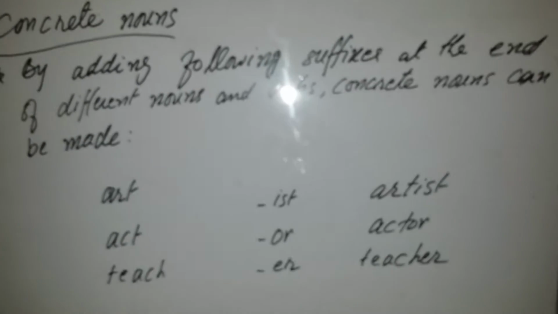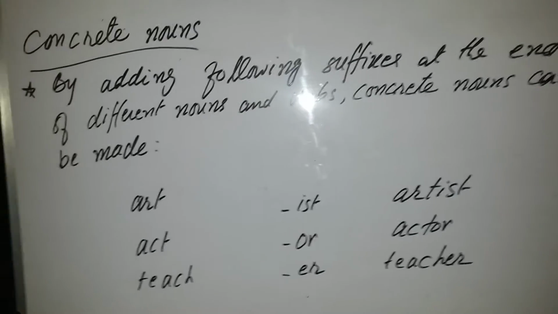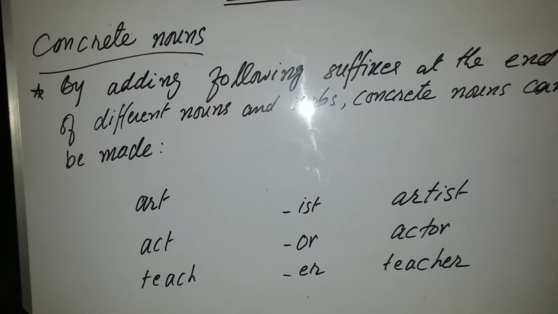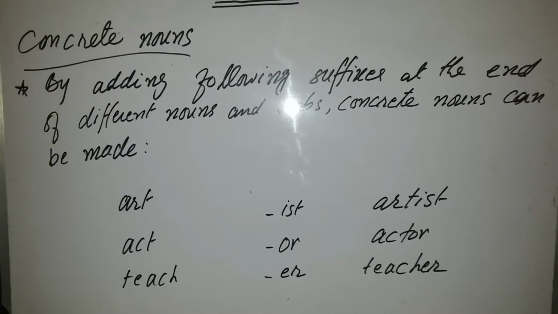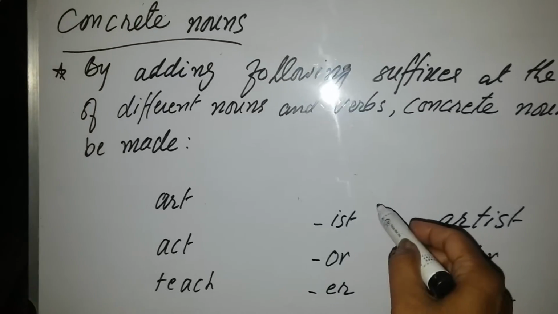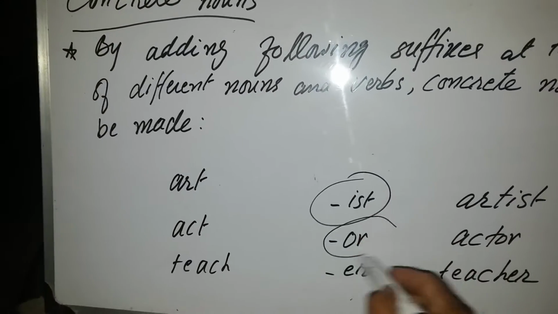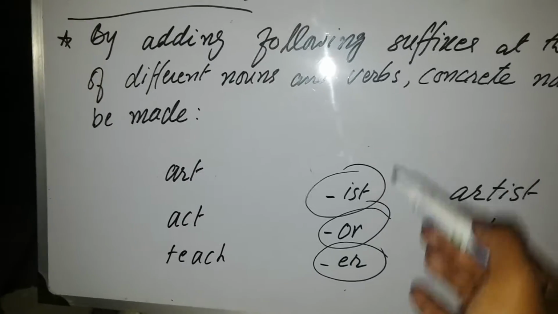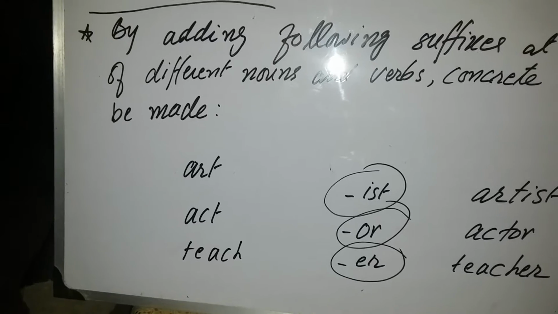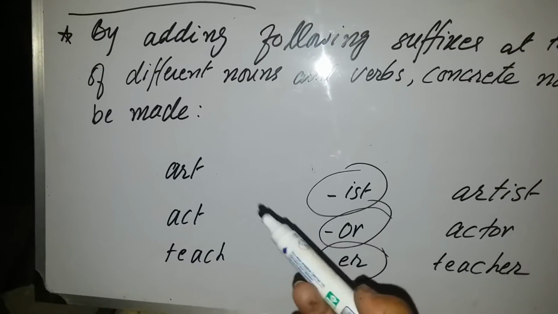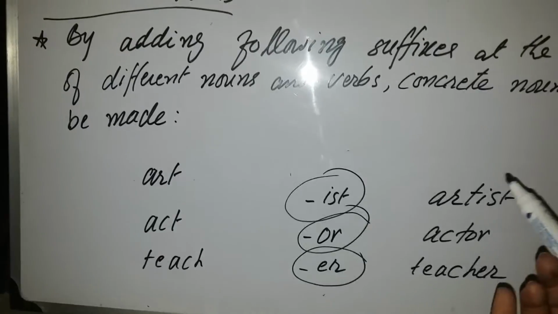Now there is a list of concrete nouns. By adding the following suffixes at the end of different nouns and verbs, concrete nouns can be made. These are the suffixes: ist, or and er. These are the three suffixes which, if we put at the end of different nouns and verbs, we can create concrete nouns.